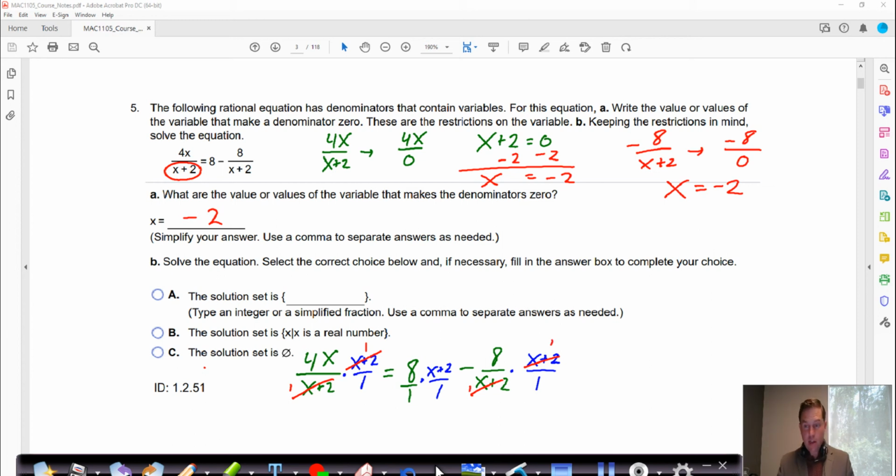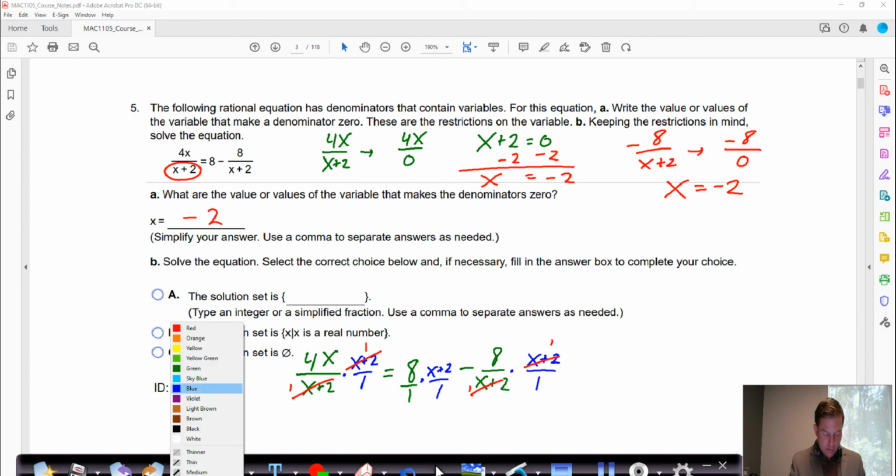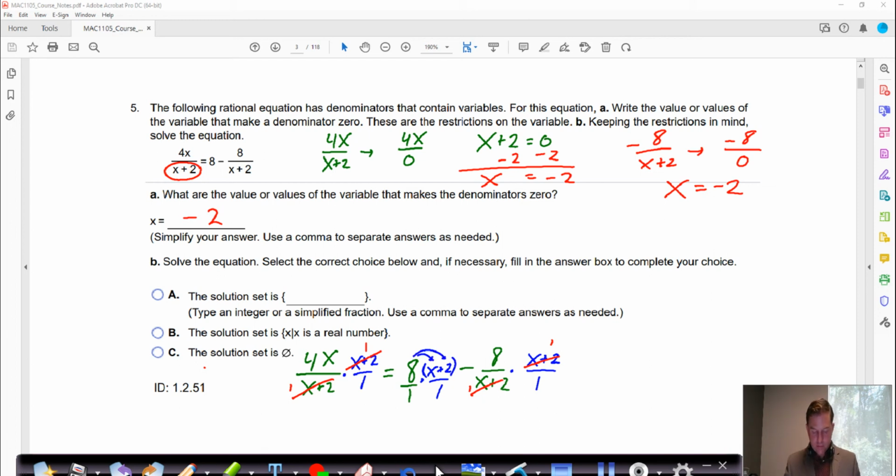And that's going to make my life a lot easier if I do that right now instead of multiplying straight across. Now I don't have a matching x plus 2 in this middle term, so I will have to multiply straight across and get that right. In fact, there is one thing I'm going to add here. I'm going to add a parentheses here because you have to distribute this 8. When I multiply this, I have to take that 8 into both terms. Okay, but let's see what we have left over. Over here we have 4x, 1, 1, and 1. So 4x times 1 is just 4x.